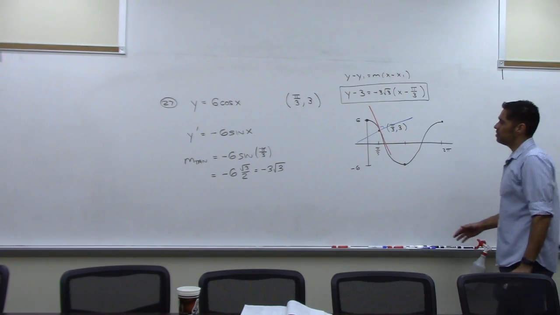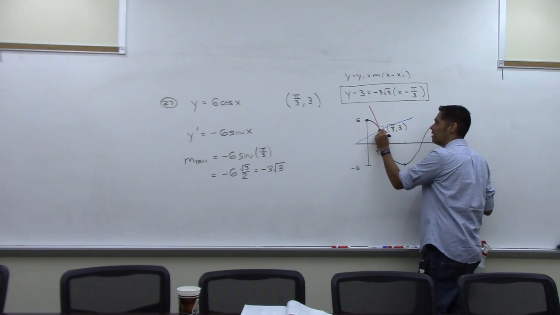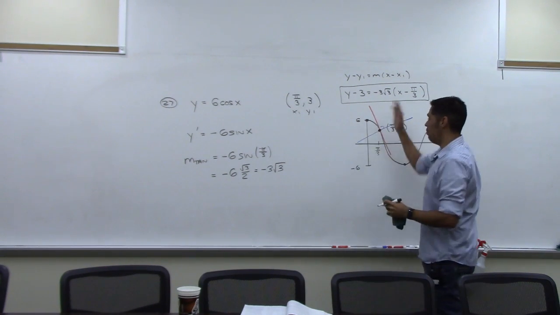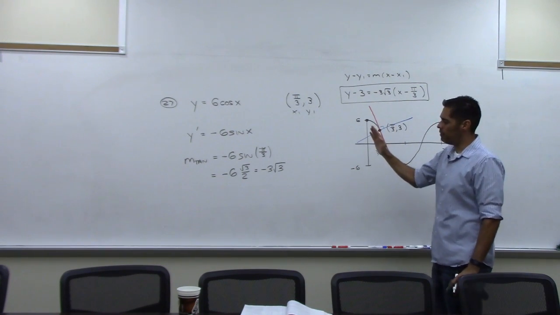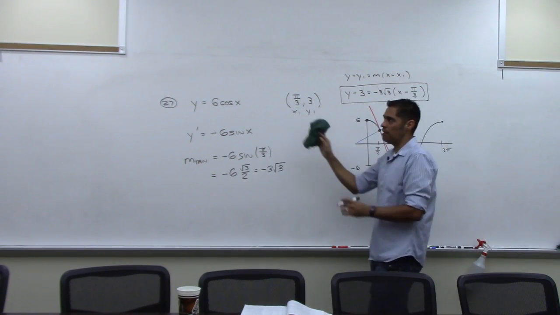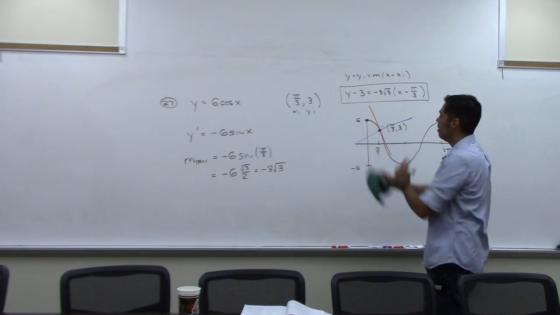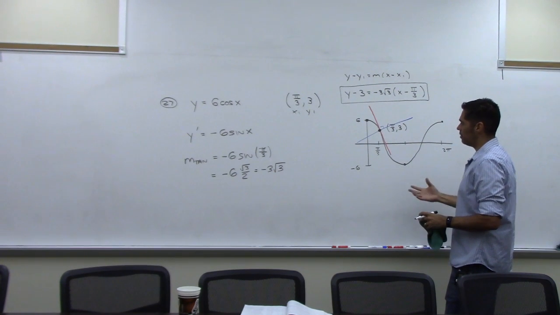Now, the only difference between the red line and the blue line is that they both go through the same point, so they both have this as an x1, y1. The only difference is the slope. And remember from college algebra, if you want to find the slope of a line that's perpendicular, which the blue one is, all you have to do is use the negative reciprocal of the slope.